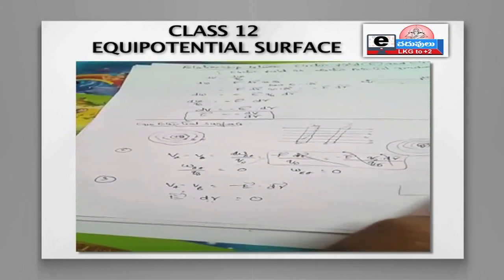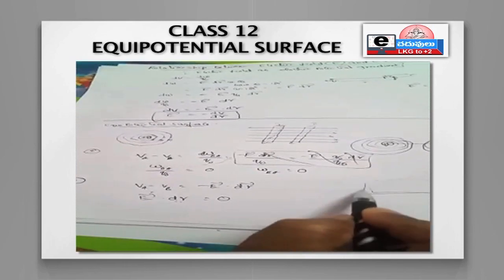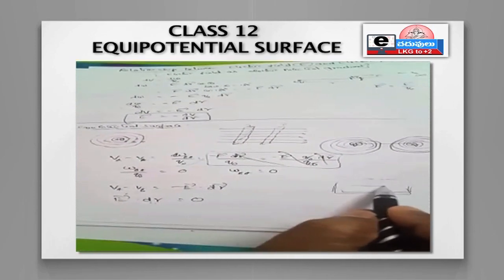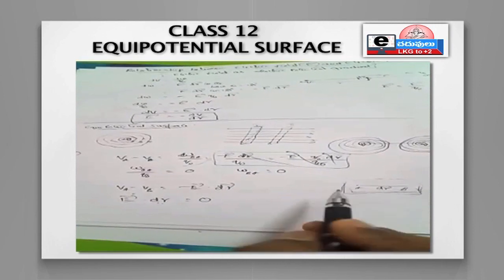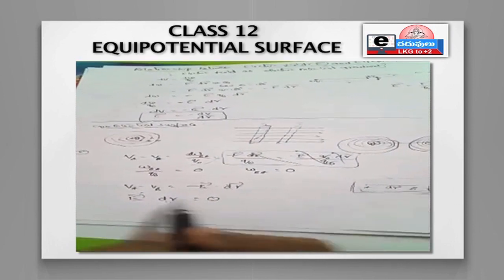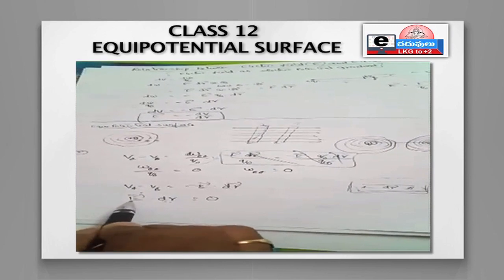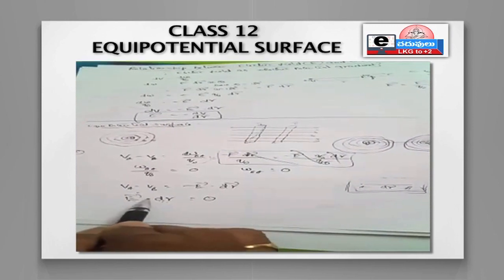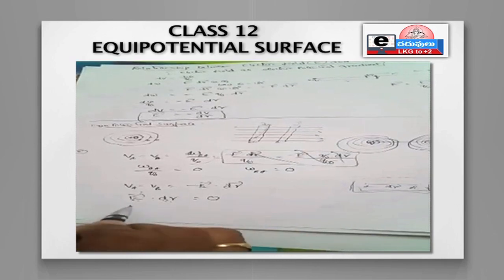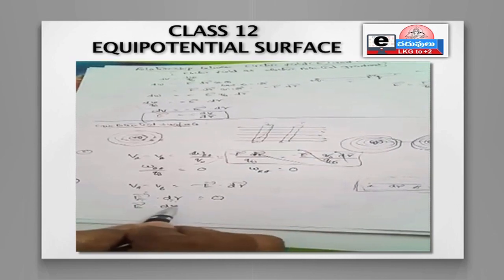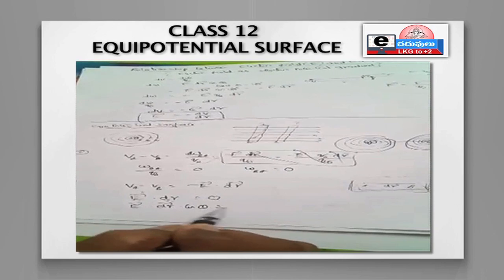Suppose I take any surface, moving from point A to point B. The displacement is dr. The electric field and the displacement cannot be zero, but the product must be zero. This can be represented as E into dr into cos theta is equal to 0.